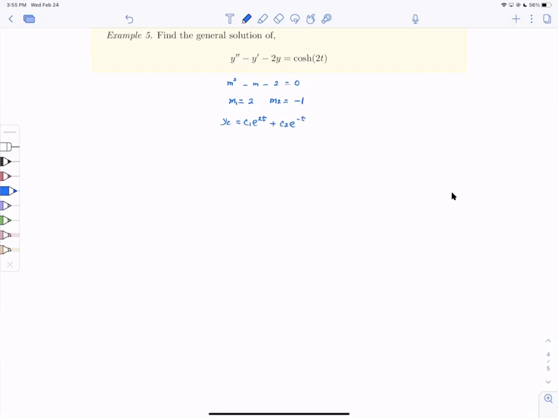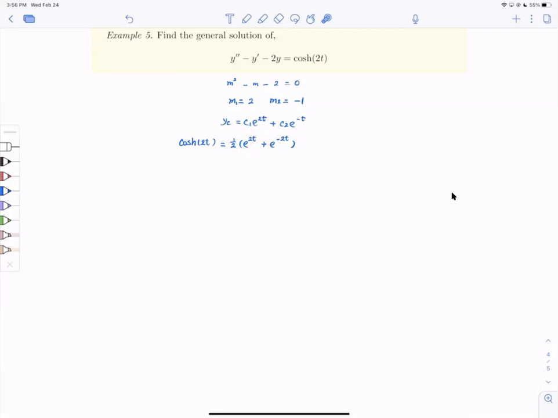Okay, now what I'm going to do is guess y1. Actually, I'll write this as exponential first. So this equals 1 over 2 e to the 2t plus e to the negative 2t. So I'm going to guess those two separately.